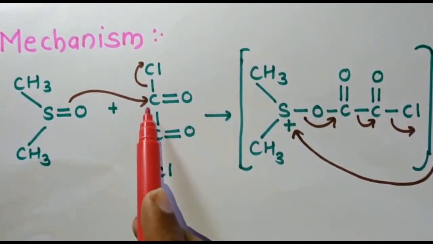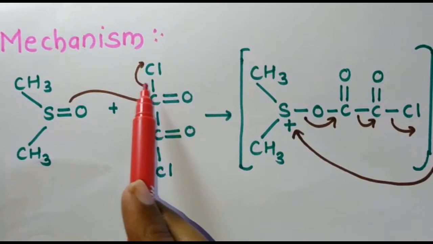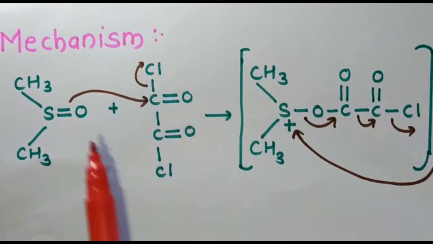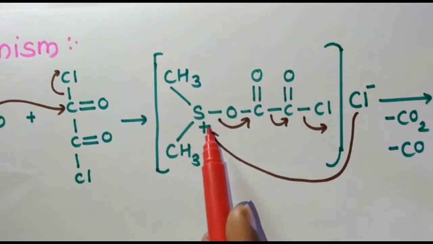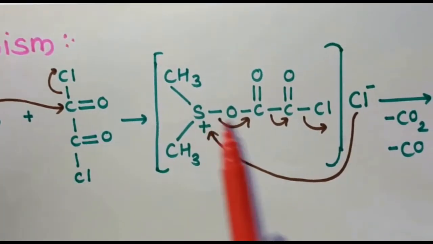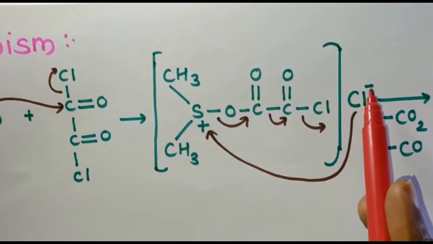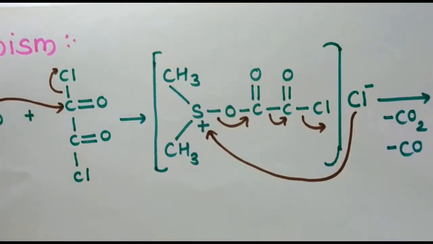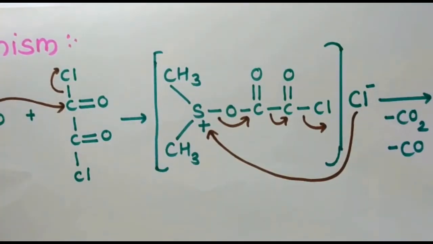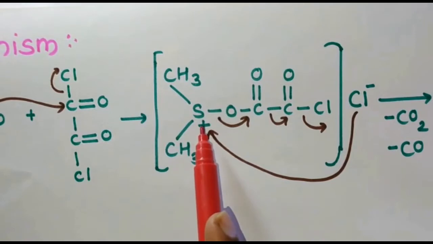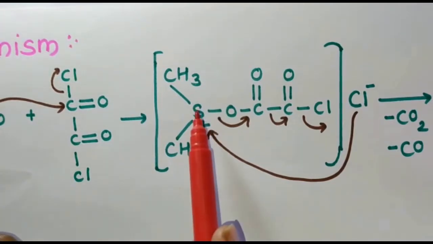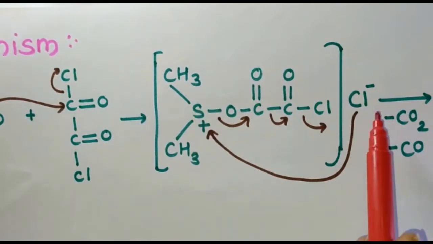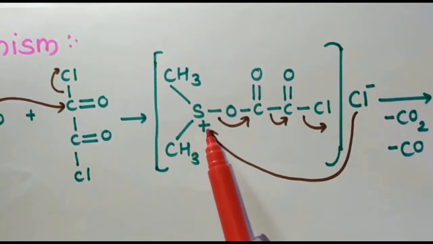So it will attack this carbonyl carbon, and the chloride ion will be removed. Here you can see that there will be a positive charge over the sulfur, and the chloride ion is present here. Now the chloride ion acts as a nucleophile, and the sulfur acts as an electrophile because the positive charge is present over this sulfur atom. So this chloride attacks this sulfur atom.